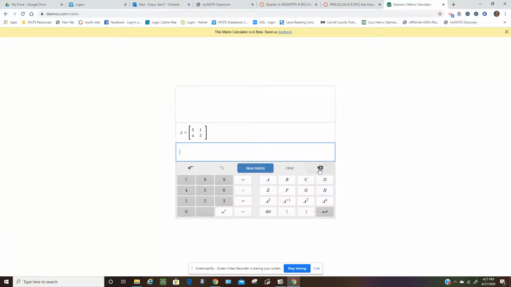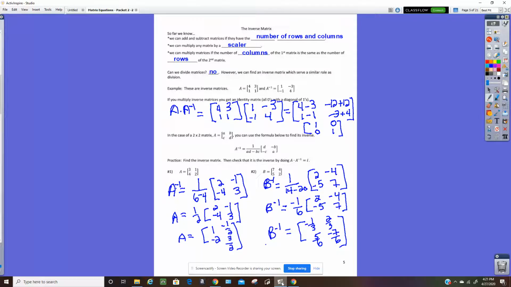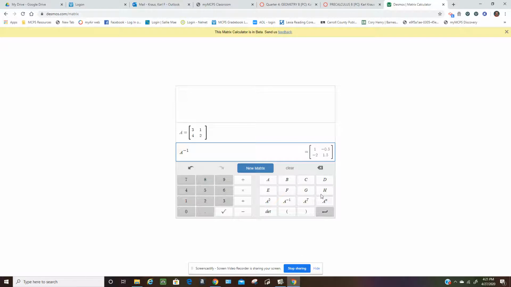So let me delete that. So A, and then A inverse. There's the inverse, 1, -1/2, -2, and 1.5. So let me check my answer. And I got 1, -1/2, -2, and 3/2. Yep. So I have the same answer here.